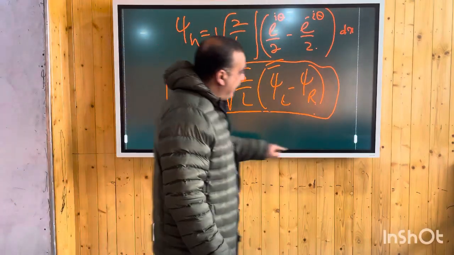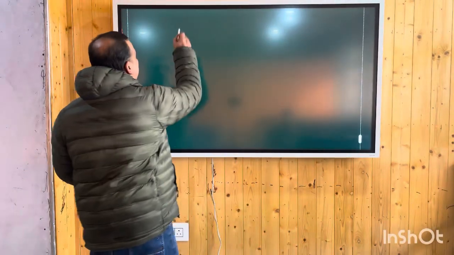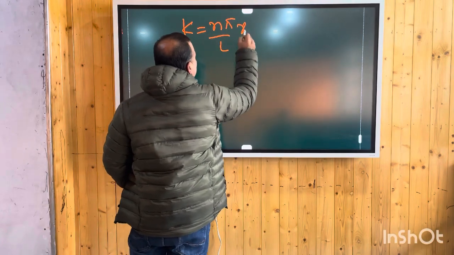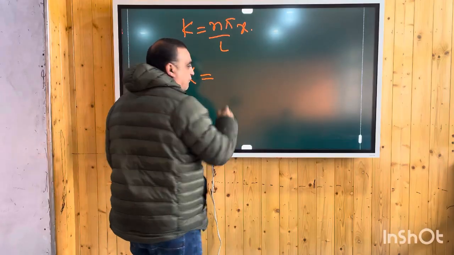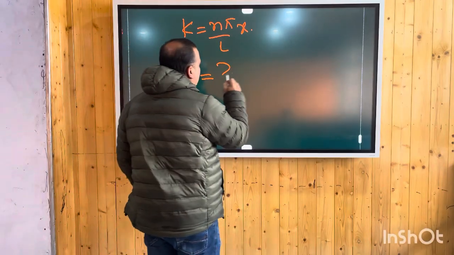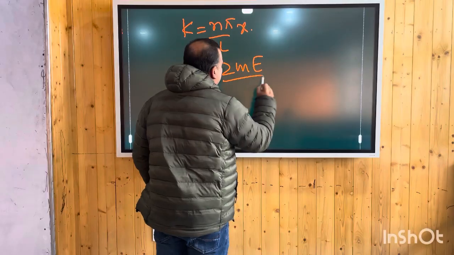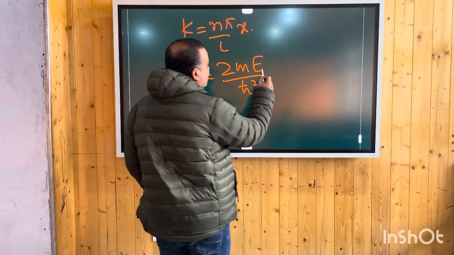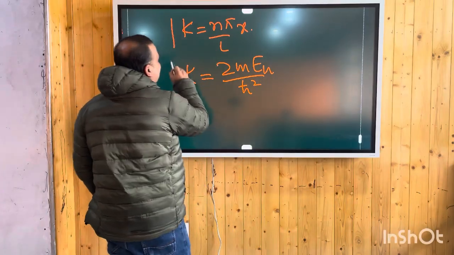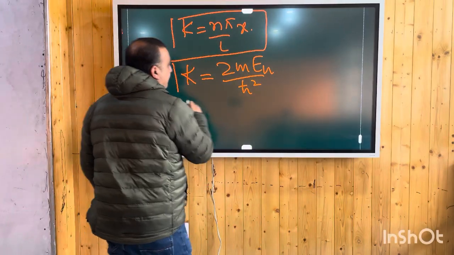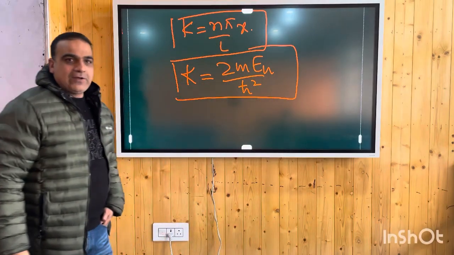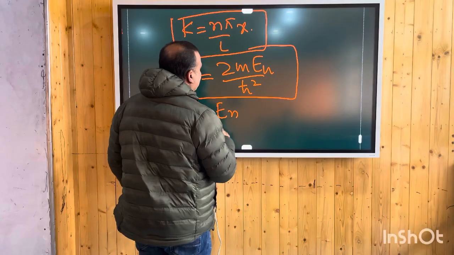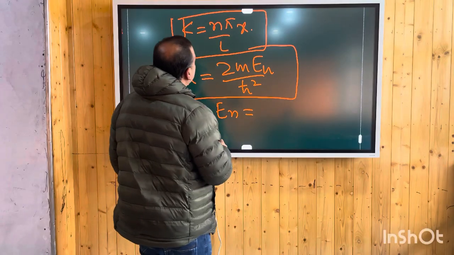Is this clear? Now we have k equal to n pi by L. But what was k in the original differential equation? It was 2mE by h bar square. So now we can equate these two equations and we will get En.